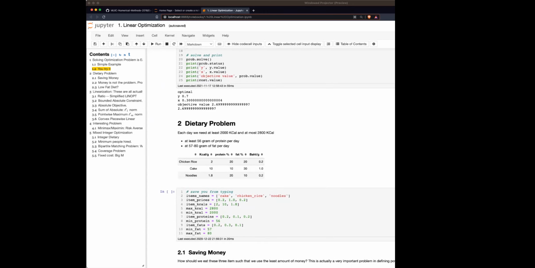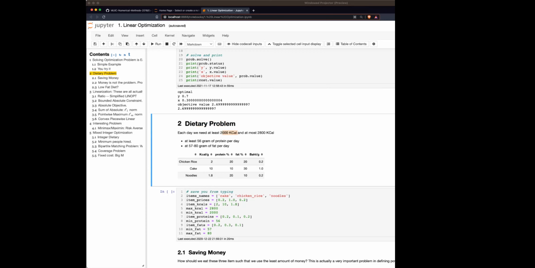Each day, let's say you want to eat something today. Each day you need 2000 kilocalories. That's the energy, the power that you need to do something, right? That actually depends on whether you are a male or a female.